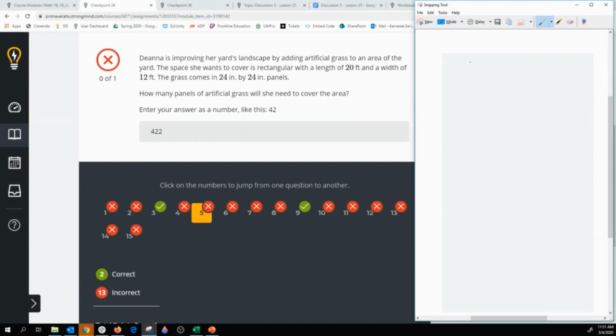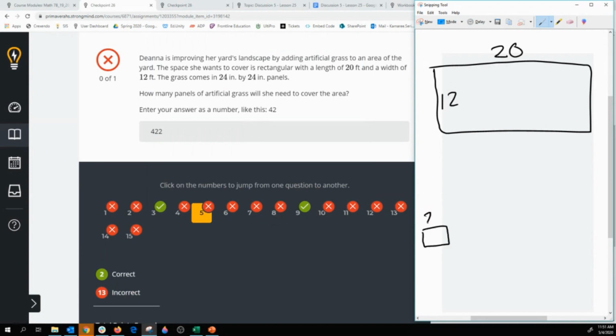So her garden that she wants to cover is 20 by 12. And each one of these panels is 2 feet by 2 feet. So what would be the area of her garden, the big rectangle up top here? What would be the area of her garden?